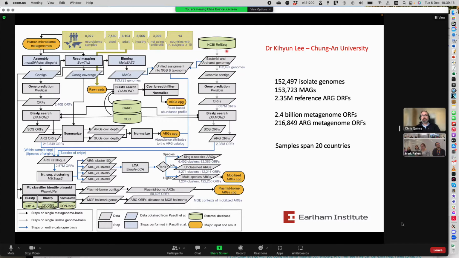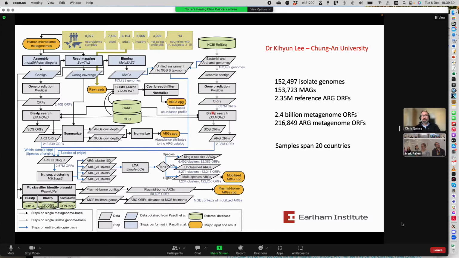We also took all the RefSeq genomes at that point. That was some 150,000. And for both the RefSeq genomes and the MAGs, we did gene prediction with something called Prodigal to generate ORFs. And that will be in a number of the pipelines you look at this afternoon.